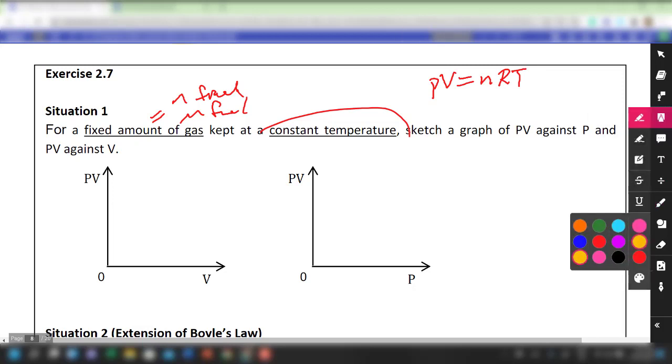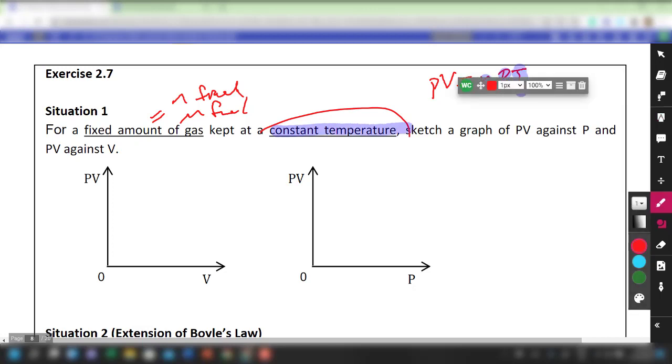So I'm going to just color code. n will be a constant, R is the ideal gas constant, and because I'm fixing temperature, T is a constant. So regardless of what happens, PV is a constant. If PV is a constant, I'm going to get a horizontal line that is parallel to the x-axis, regardless of what my volume and what my pressure is.